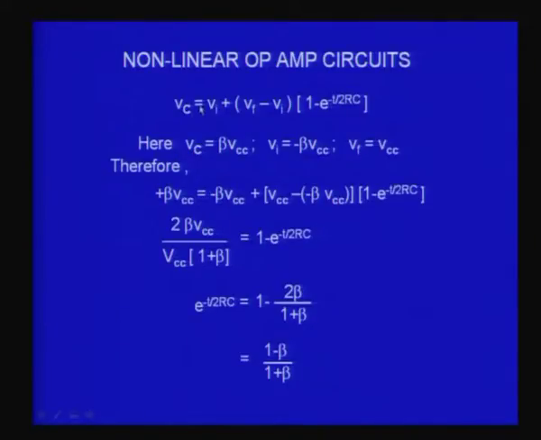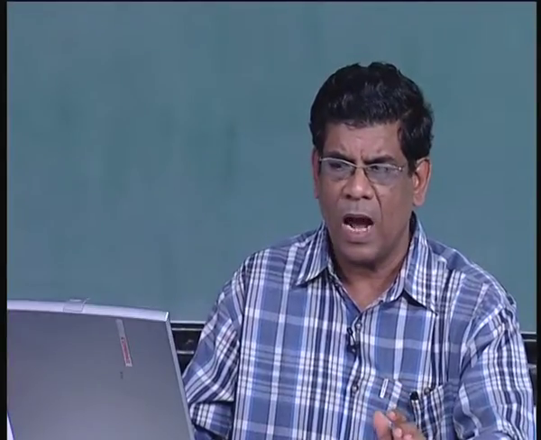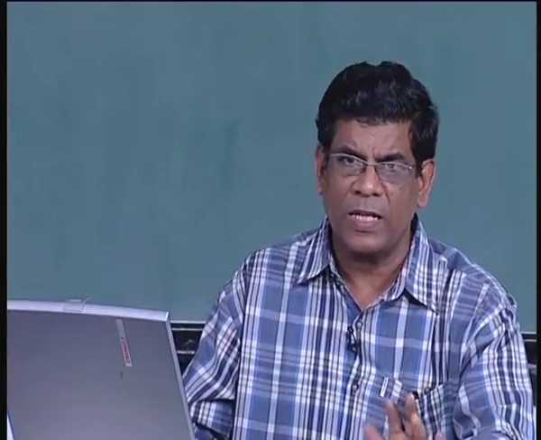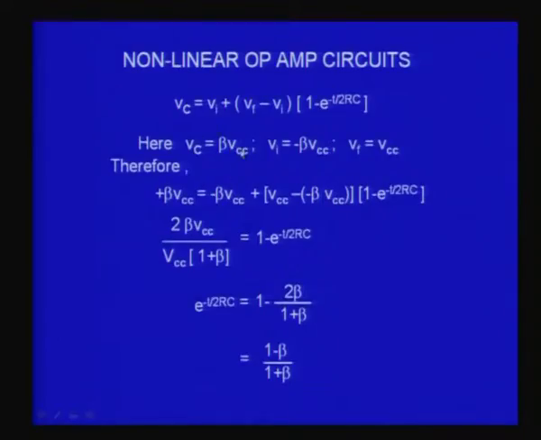And what is Vc? Vc is the voltage at the capacitor when the tripping happens, and at that time let us say it is beta Vcc. If it is beta Vcc, the initial voltage would have been minus beta Vcc. From minus beta Vcc it is building up to beta Vcc, then there is a change.